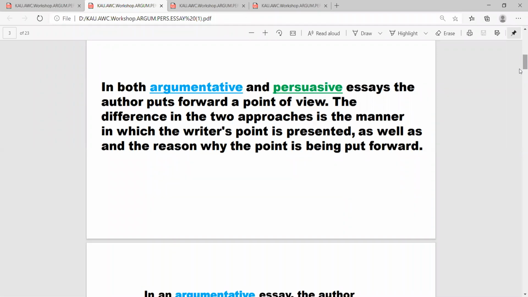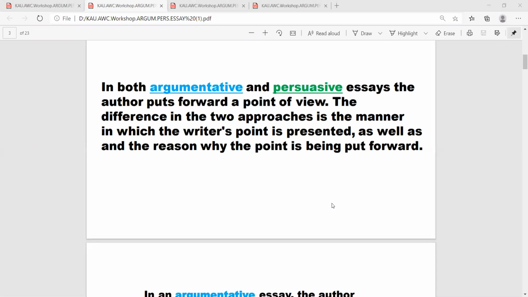Obviously, the reason why an author puts forward a point of view is because he or she wants the reader to agree with him or with her. There is no point to writing the essay unless there was a purpose of convincing someone of a point of view. Okay? And that is obviously something that you already know.